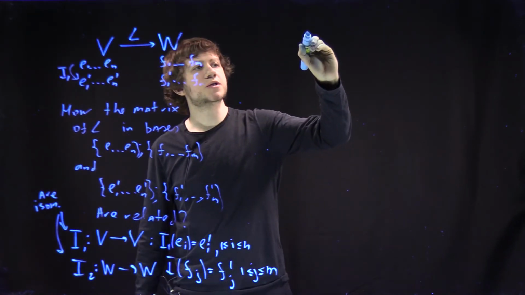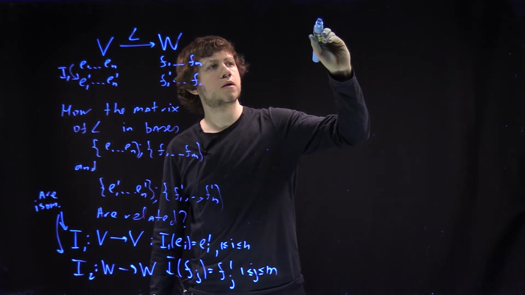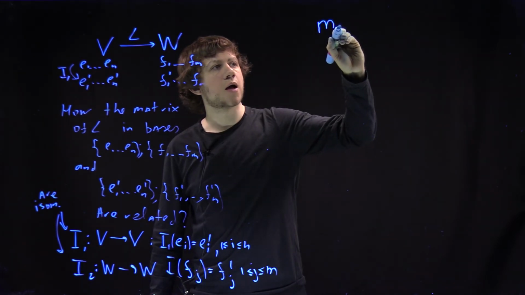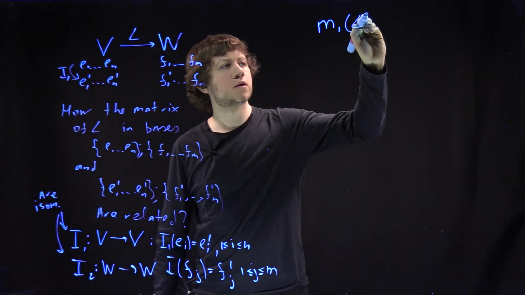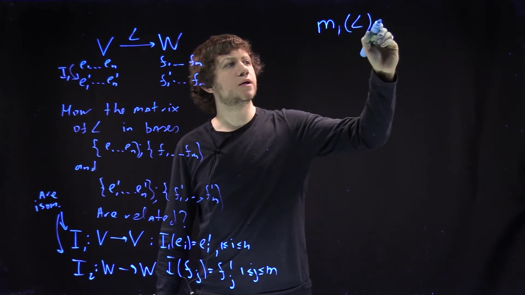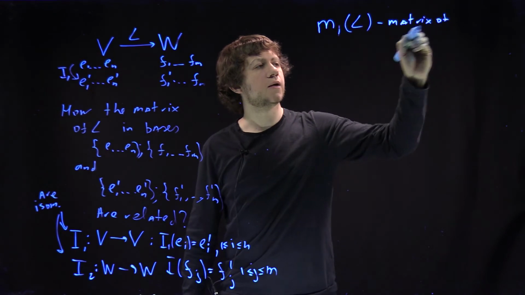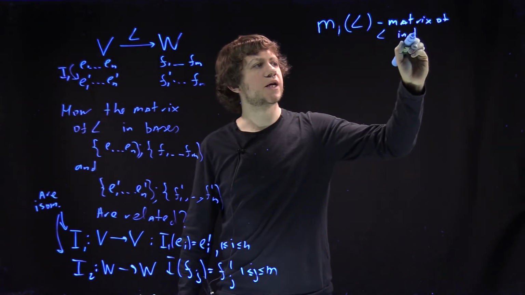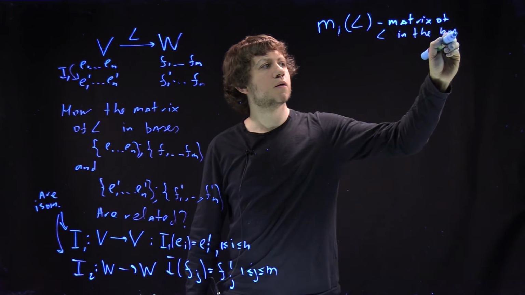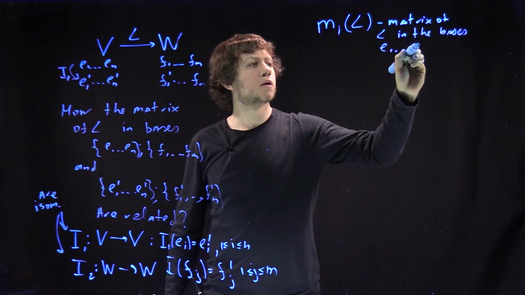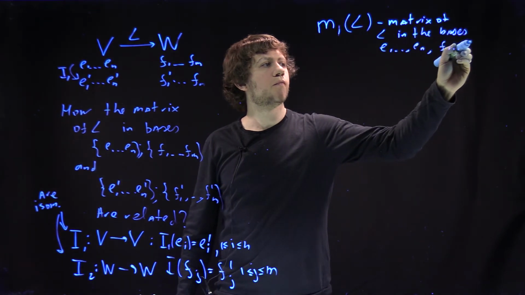So we have the matrix of L. Let M of L be the matrix of L in the basis E1, ..., En, F1, ..., Fm.